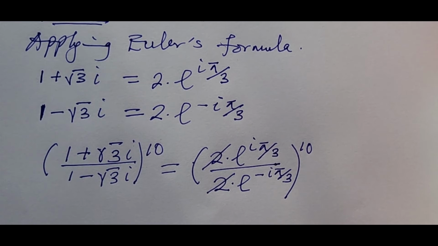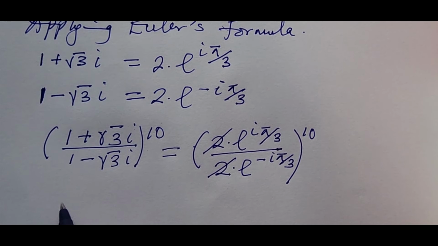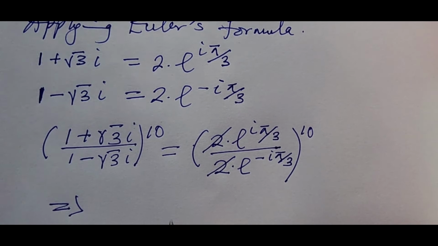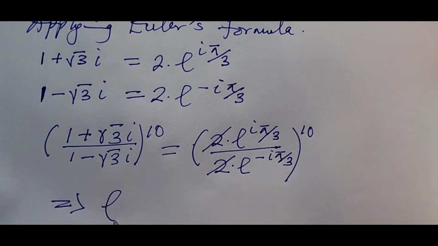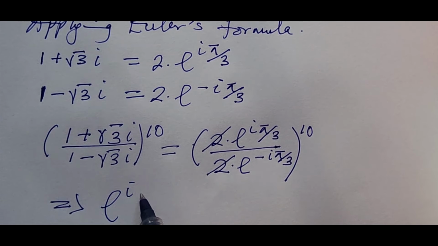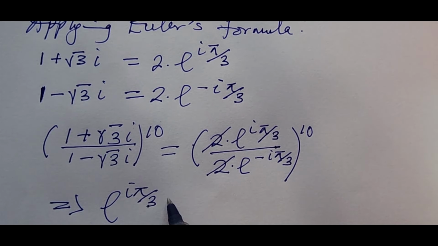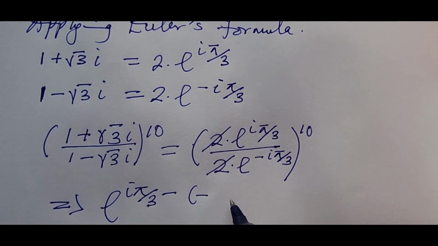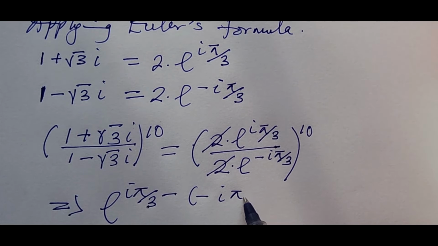So if we do that, this now implies that e all raised to the power of iota pi all over 3, then minus bracket minus iota pi all over 3 close bracket.